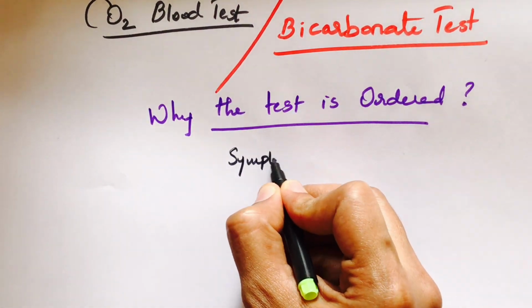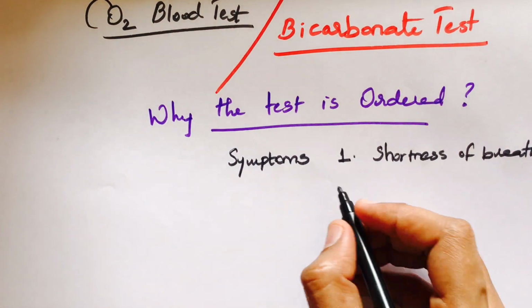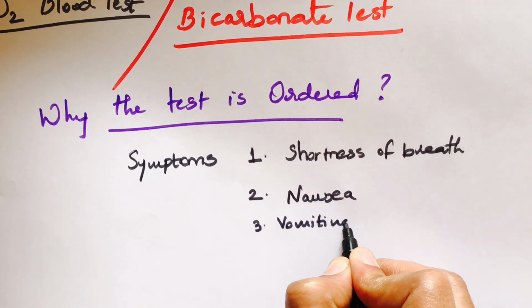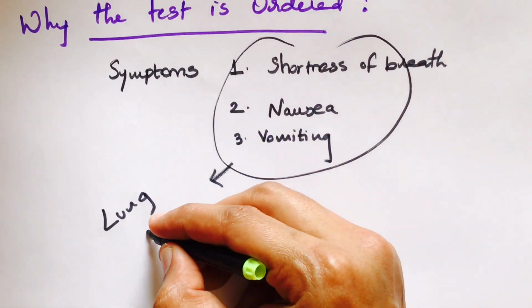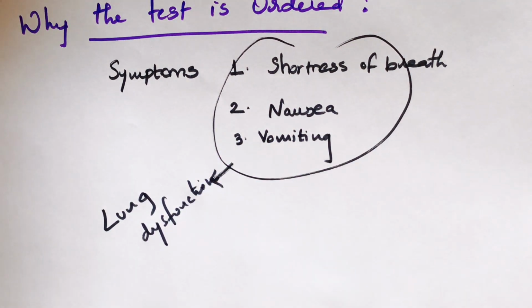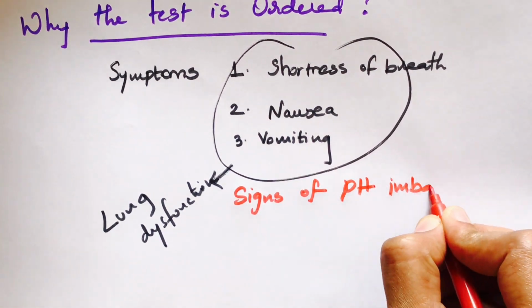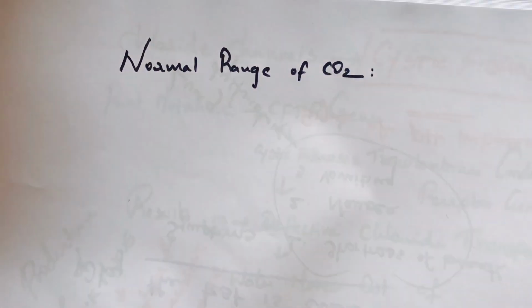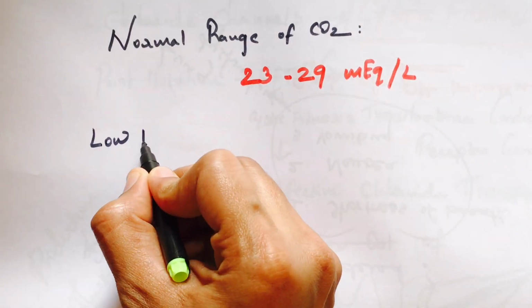This is to check the pH balance, when the patient presents with shortness of breath, nausea, vomiting, and these might be the cause of lung dysfunction. The normal range of carbon dioxide is 23 to 29 milliequivalents per liter.